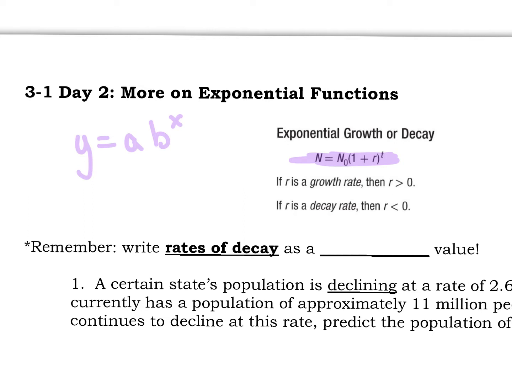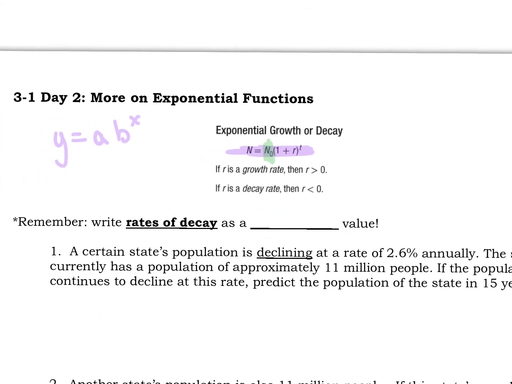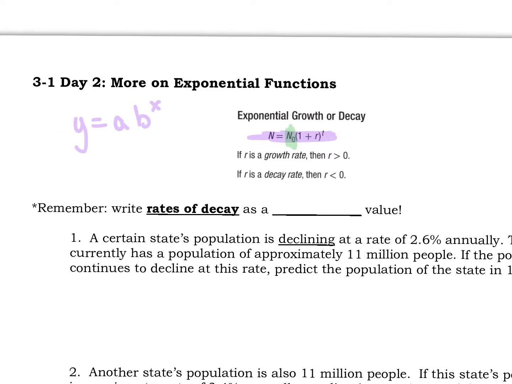So a is our initial condition. So a in our formula corresponds to this n sub 0 over here, which usually when you see a sub 0, it's telling you it's kind of an initial condition. The other issue here is that this formula is being a little bit more precise with the growth or decay.